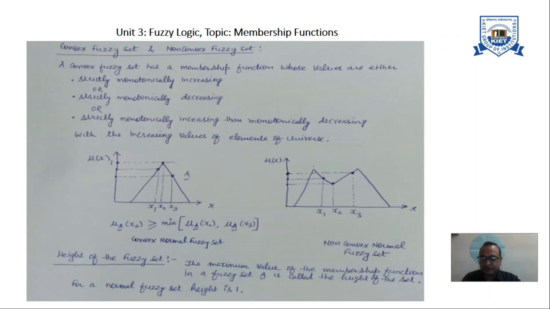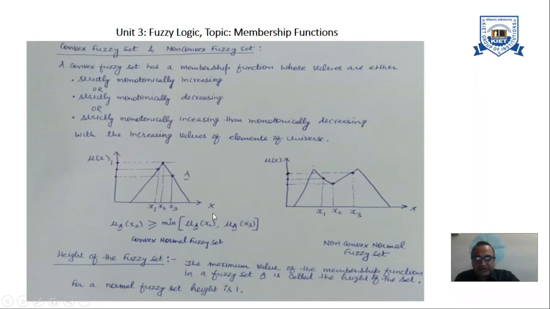Or another situation can be, say for example, you check another part of the membership function, this side. Now as we keep increasing on the x-axis, for the variety of different elements kept on the x-axis, their respective membership values are decreasing.